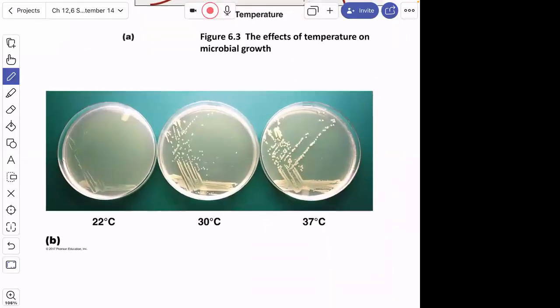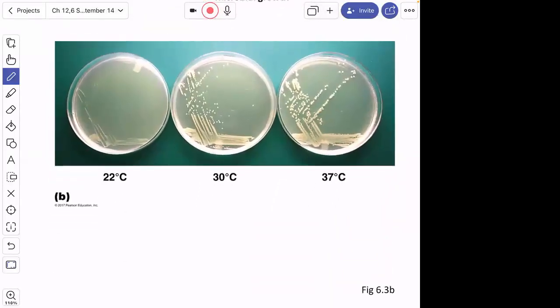So here's an example. I may not have posted this, but this is in a lab. They streaked out some E. coli exactly the same on plates at different temperatures. At the low temperature, you can see a little bit of growth, but not very well.